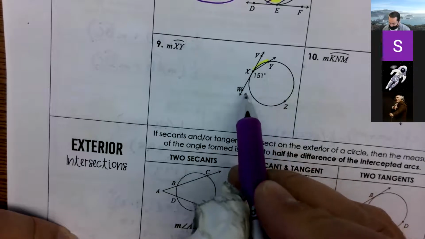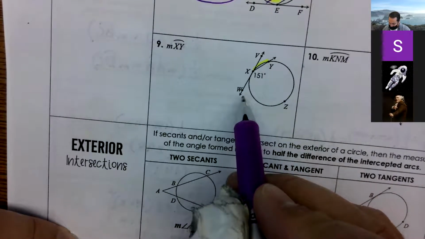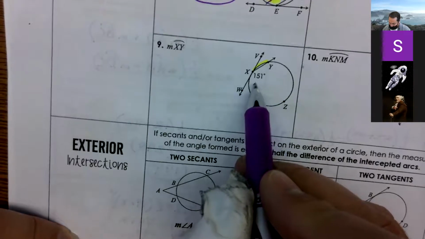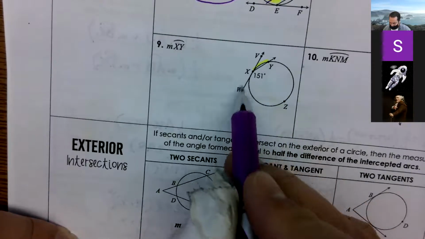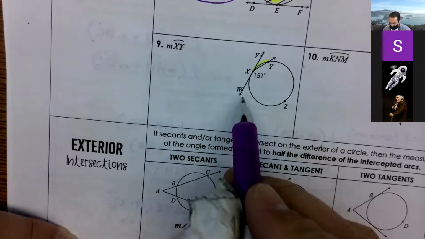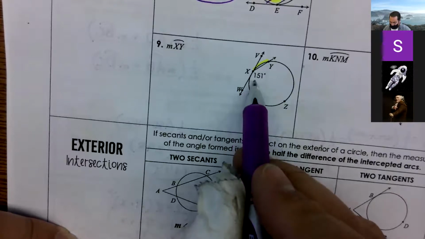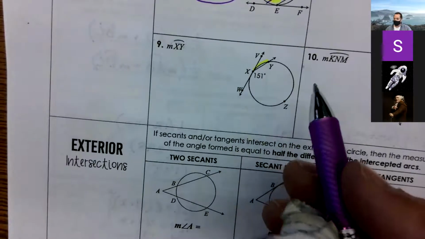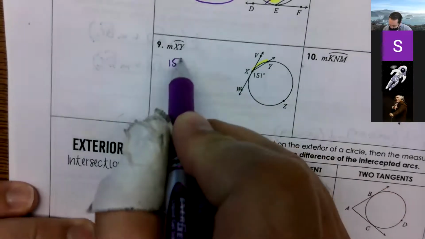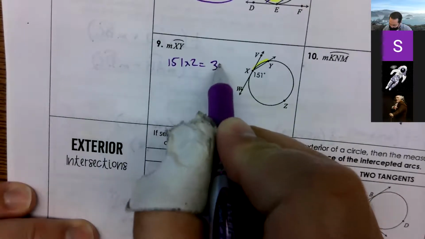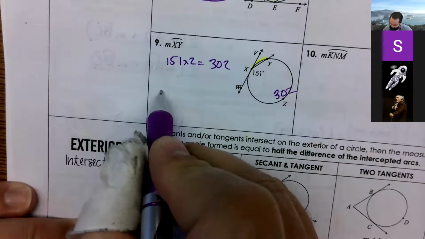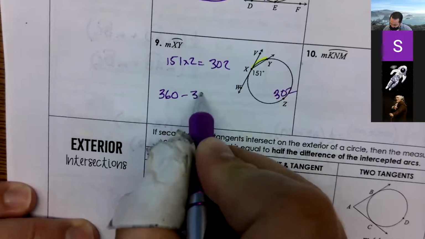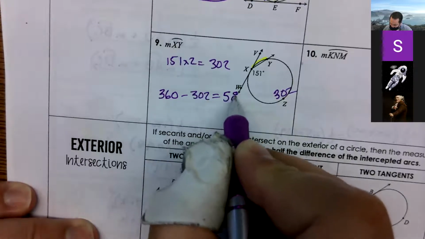Same idea here, except this 151 is the angle, not the arc now. Good. That would do one way, right? If we multiply 151 times 2, we get 302, and that's the arc, which means XY would be 360 minus 302, which is 58.